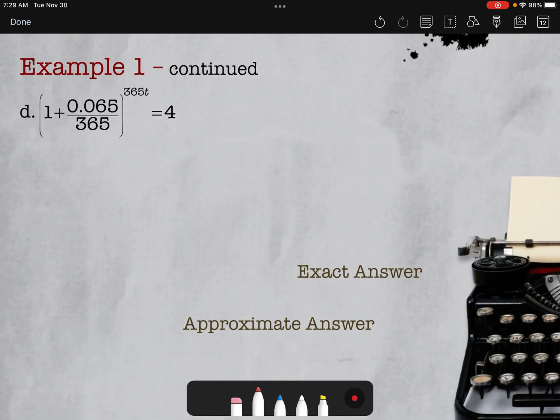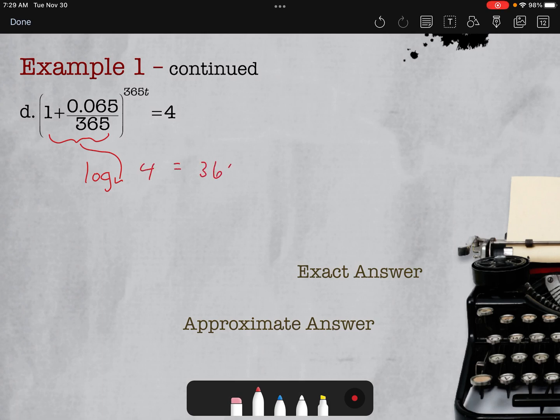Now, D is really difficult, but we don't want to round this. I shouldn't say really difficult. It's the same problem, except we got this crazy number. But we definitely don't want to put that in decimals. So again, the log base is all of this. So I'm not going to write it. I'm just going to put it there.